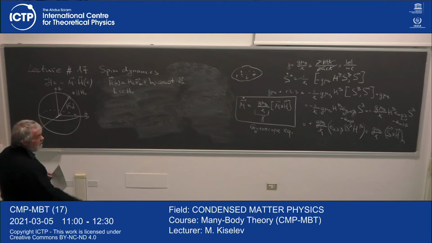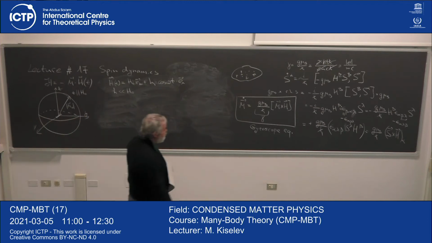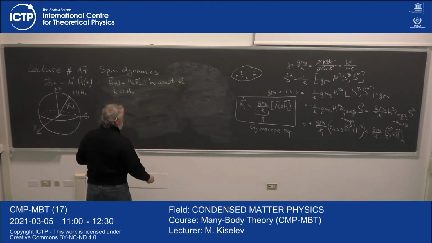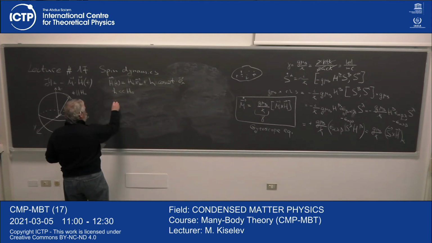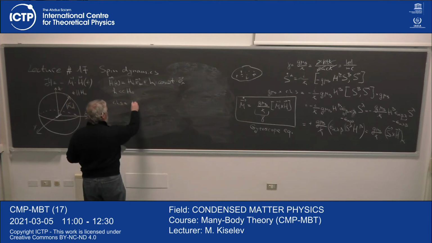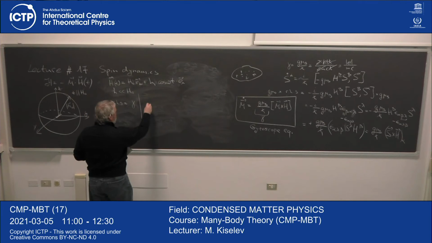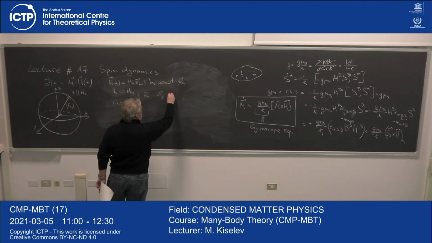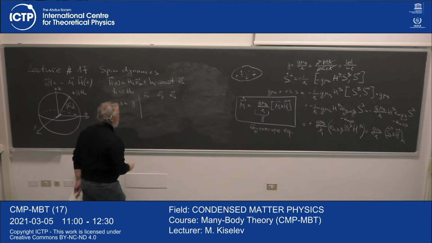Okay, so let's write down this equation component by component. So the right-hand side is the product. So it's gamma times determinant e_x, e_y, e_z. Then I have Mx.